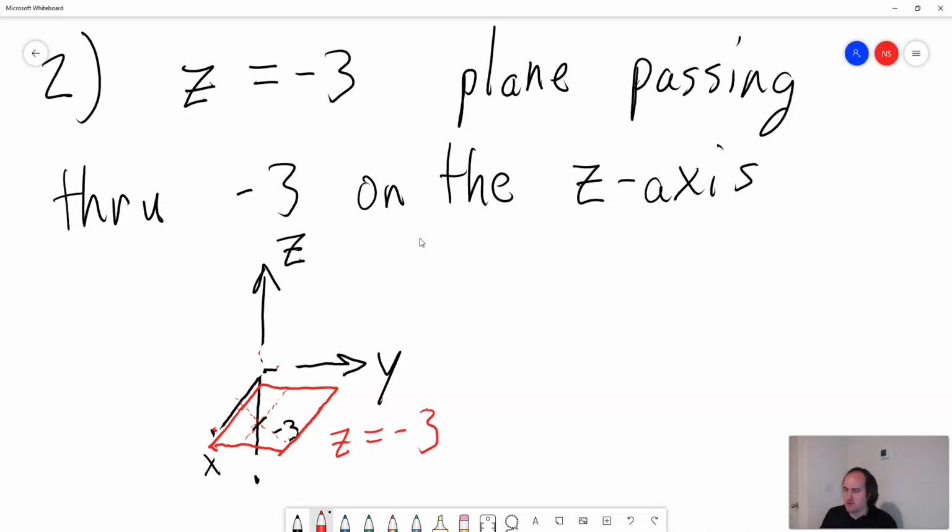It's been a while since I've drawn one of these. And then on MyMathLab, once again, instead of drawing it the standard way, they actually draw a cube, and then they draw the plane inside of the cube. So I'm going to have fun drawing that. Okay, but this is supposed to be a plane passing through -3 on the z-axis, and the plane is actually parallel to the xy plane.